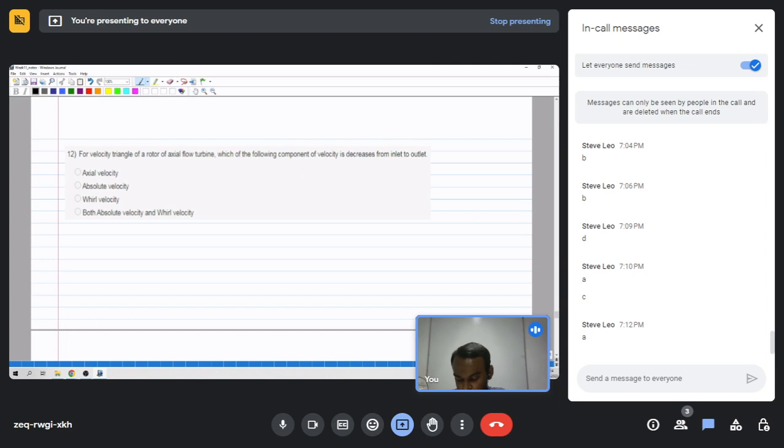Axial velocity, absolute velocity, relative velocity, or both absolute and relative velocity. So both absolute velocity and relative velocity decrease from inlet to outlet.